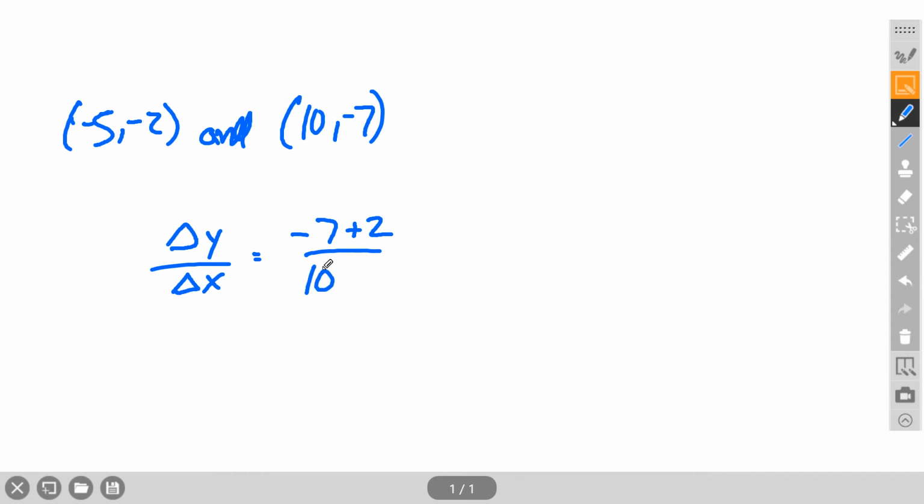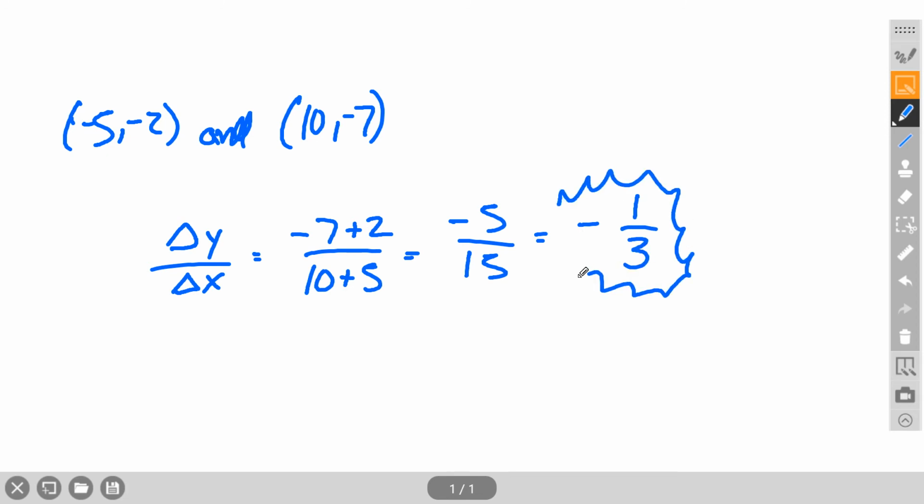And then 10 minus negative 5, so that would be 10 plus 5. So I would have negative 5 over 15. And then you definitely want to reduce this, which is negative 1 over 3. So my slope for the next one, which I think is problem 3, is negative 1 over 3.